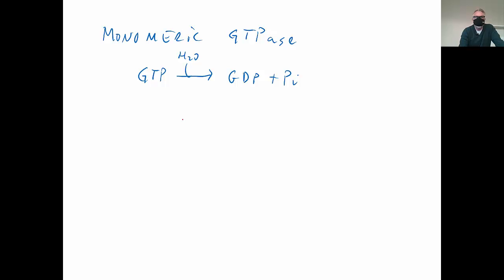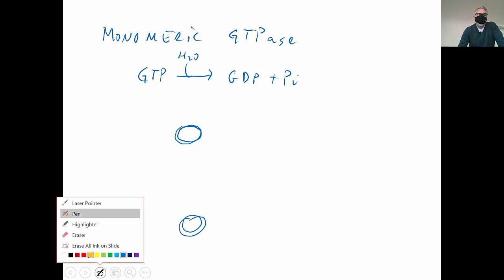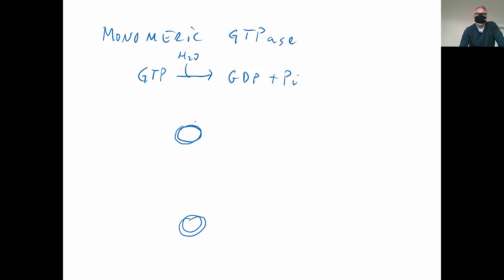So the way they work is that we start out with our GTPase, and it can be in two forms. When it's bound to GTP, it's on. When it's bound to GDP, it's off.